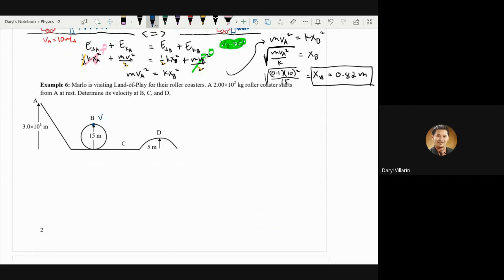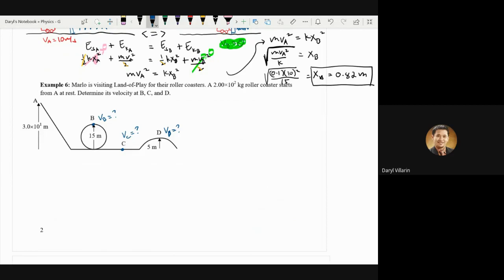This would be V sub B, question mark, and this would be V sub D, also a question mark, as well as this point here, what would be V sub C? That's a question mark.